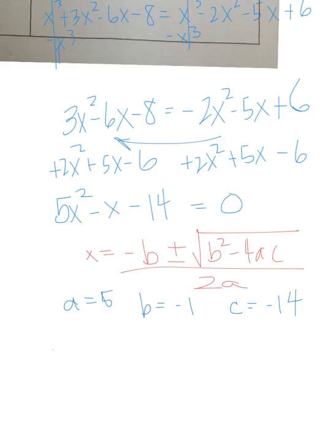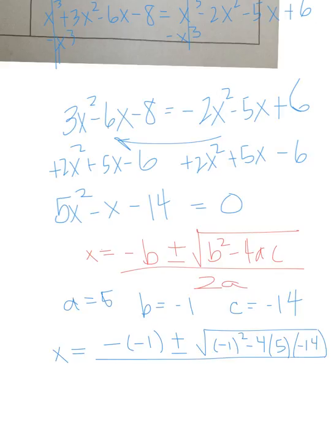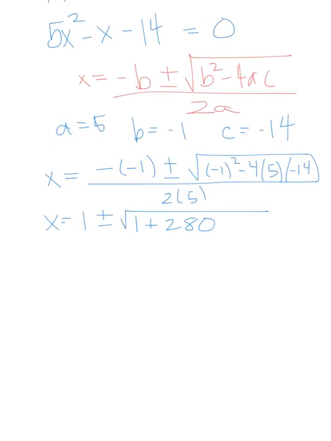So we're going to get x equals negative negative 1 plus or minus the square root of negative 1 squared minus 4 times 5 times negative 14, all over 2 times 5. When we simplify this, it's going to be 1 plus or minus the square root of 1 plus 20 times 14, so we're going to get 280, and this is all over 10.